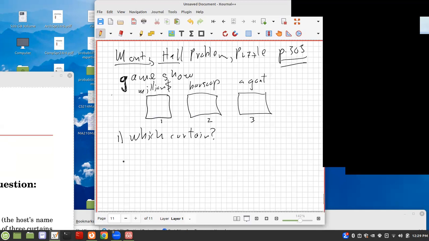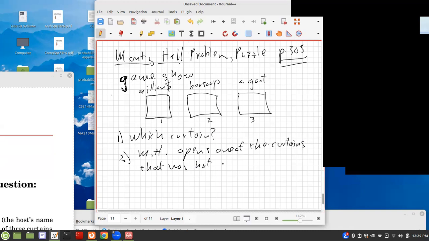But then after they've chosen, what happens is Monty Hall opens one of the curtains that they did not choose, that was not chosen.